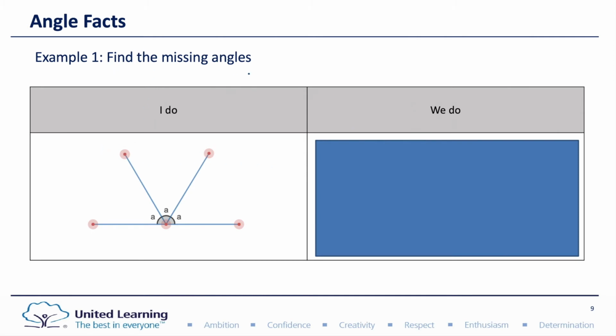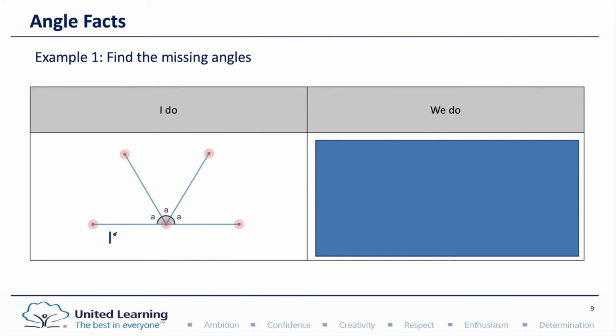Find the missing angles. In this diagram, it looks like we've been given a straight line that's been split into 3 congruent angles. The reason I know these angles are congruent is because I have the same variable in each of them. So I want to split 180 degrees into 3 equal pieces.